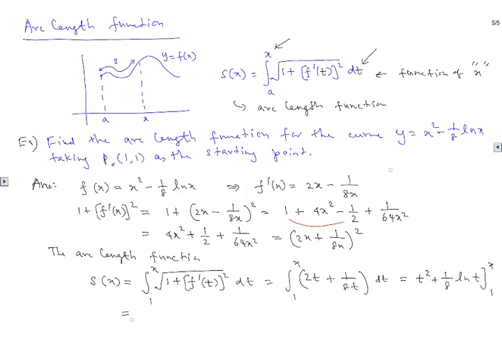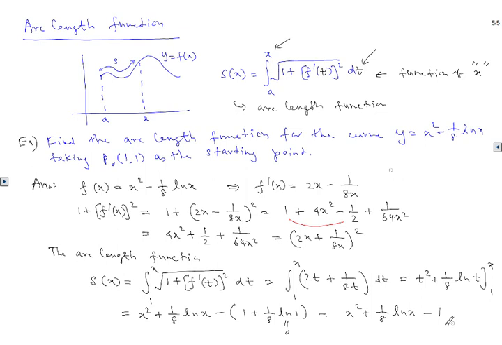So let's plug that in. If you plug in x, you get x squared plus 1 over 8 ln x, minus, plug in 1, so 1 plus 1 over 8 ln 1, which is 0. So you're gonna get x squared plus 1 over 8 ln x minus 1.